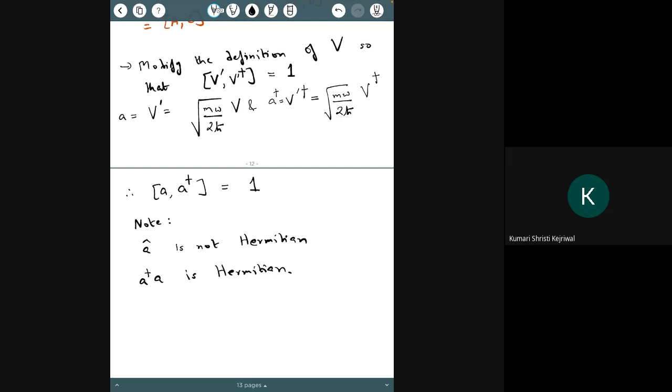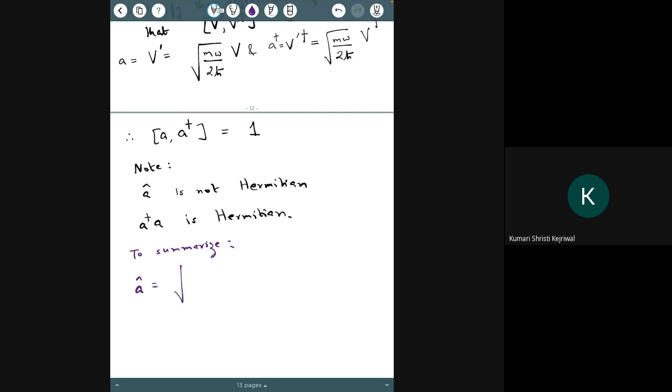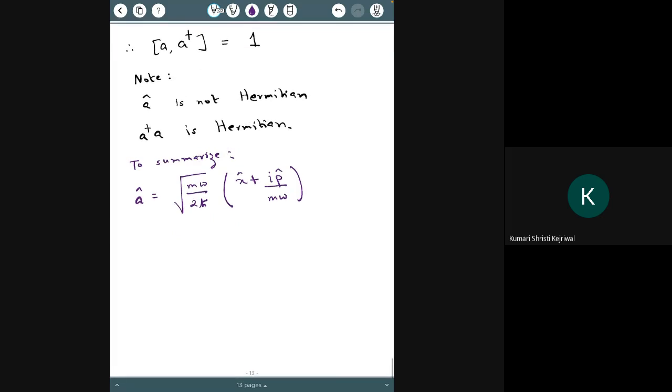So to summarize, what do we have? We have A is equal to root of m omega by 2h cross, times x plus i p by m omega. And A dagger is then root of m omega by 2h cross, times x minus i p by m omega.